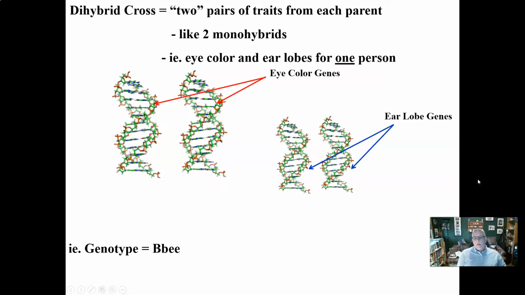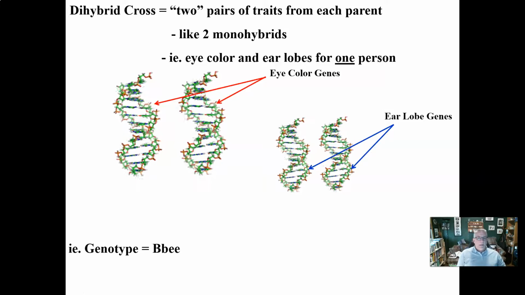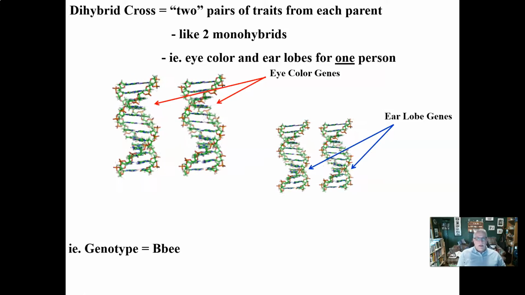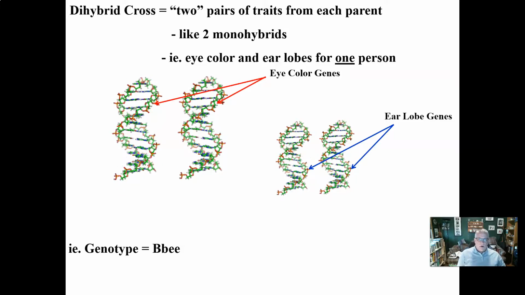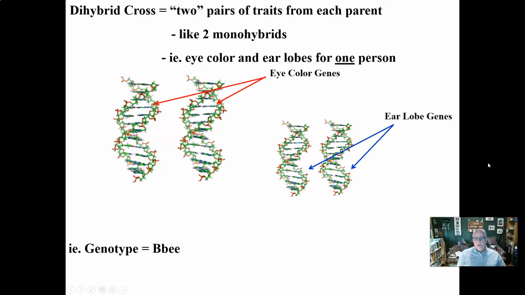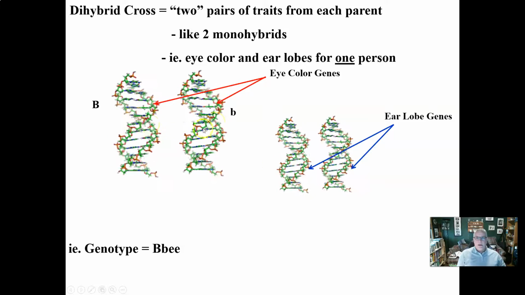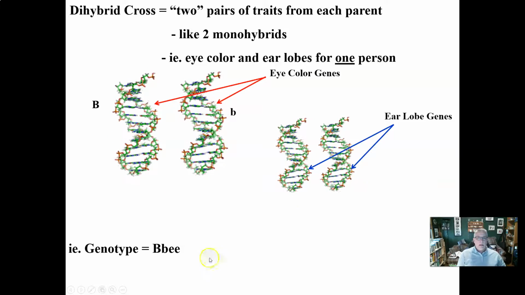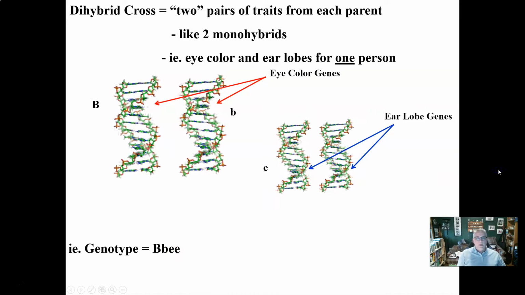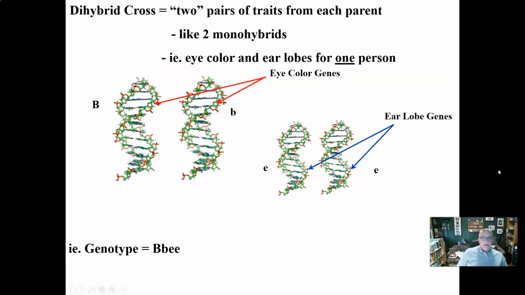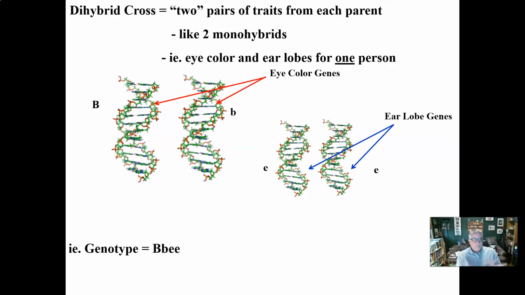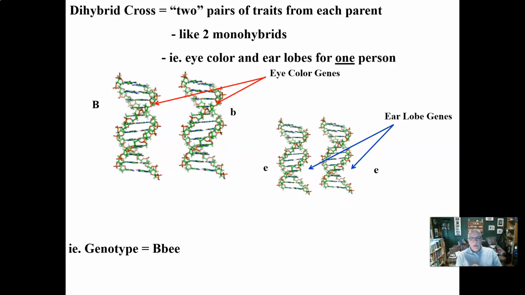So if I have the genotype big B, little b, little e, little e, I am representing a dihybrid cross. All right. So this is like this. Big B here and little b here. And the little e would be like having a little e here and a little e here. That stands for, say, attached earlobes.